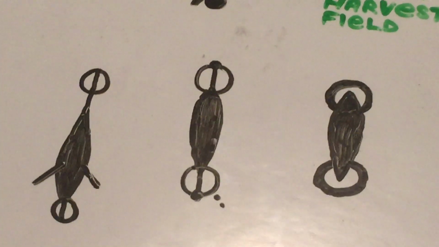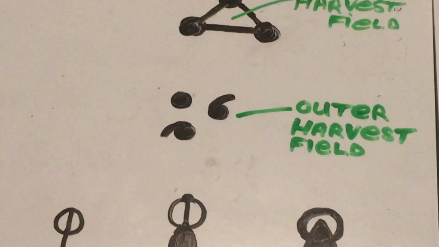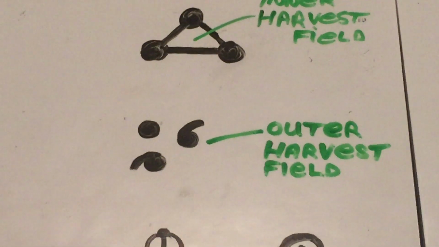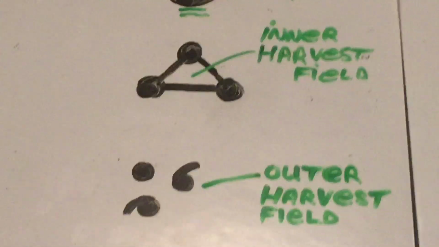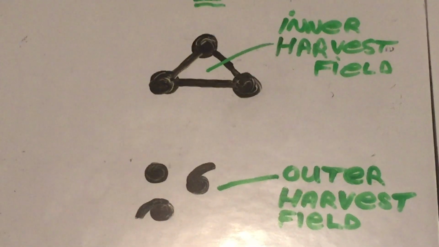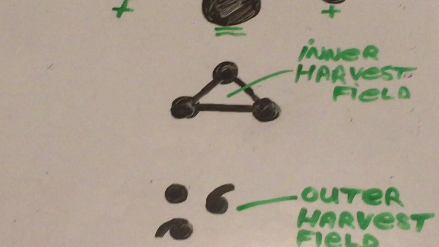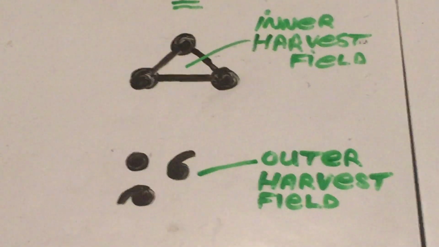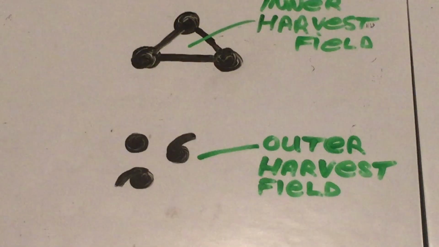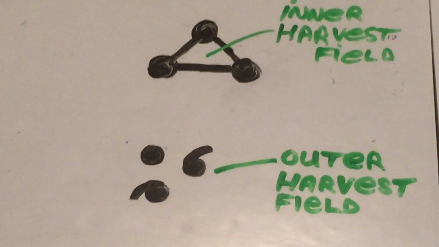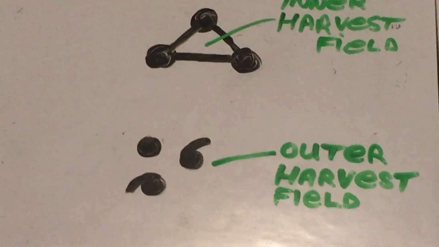I guess that's about it. Oh, there's some harvest field crop circles I forgot to show. These crop circles here indicate that energy is being harvested.